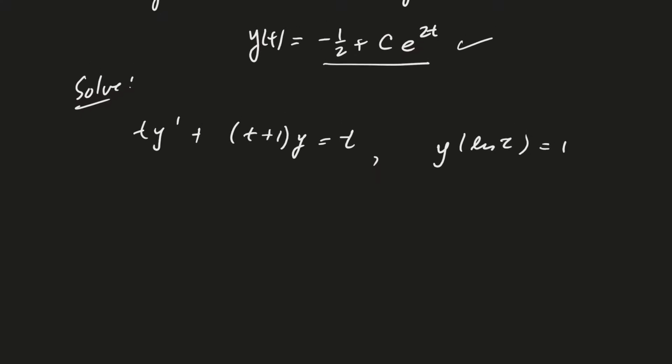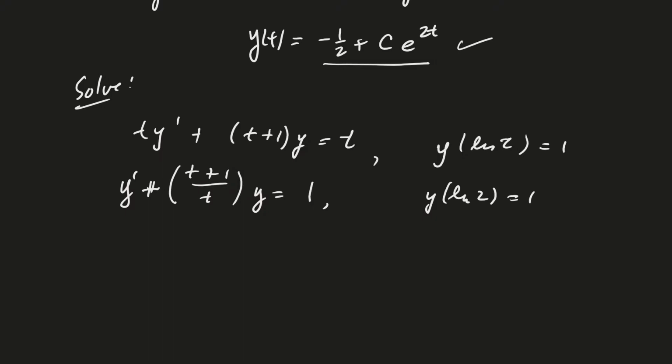Okay, so first off, we need to put it in standard form. Oops, that's a plus sign. T plus 1 divided by t, y equals 1, and our initial condition is still y of the natural log of 2 is 1. Good.